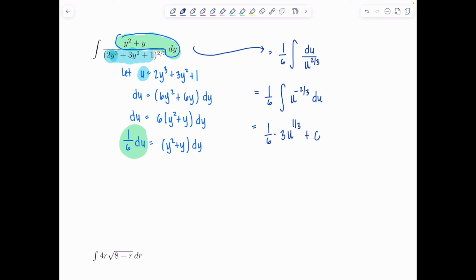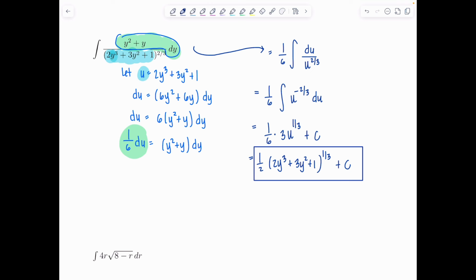And then put plus c. And then 1/6 times 3, that's 1/2. And then don't leave this as u. We've got to go back to the original variable. So 1/2 times 2y cubed plus 3y squared plus 1 to the 1/3 plus c. And we are done. Nice, huh?